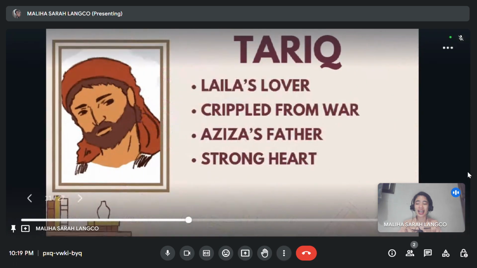Now we have Tariq. He is Lila's lover. He is crippled from war. He is also Aziza's father and a strong heart. He played a very good character in the story, depicting that not all men in Afghanistan are hard or evil like Rashid. He is the opposite of Rashid.